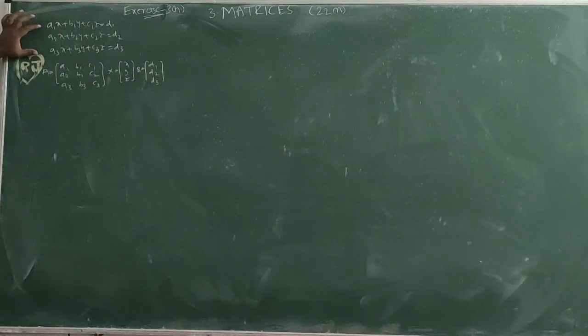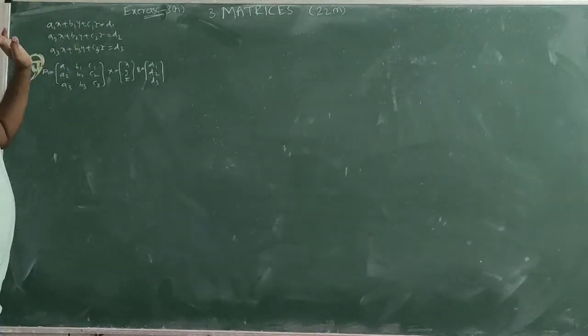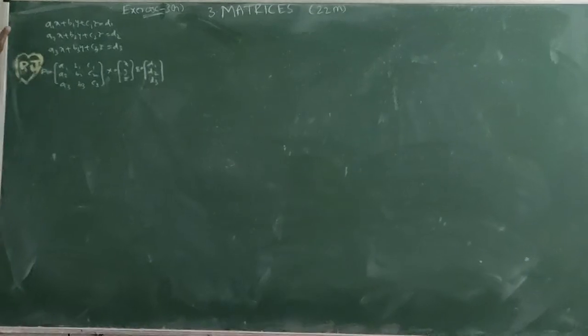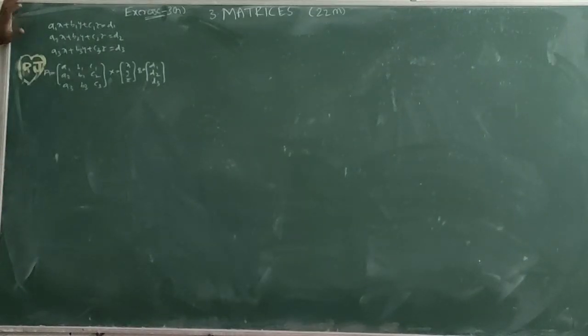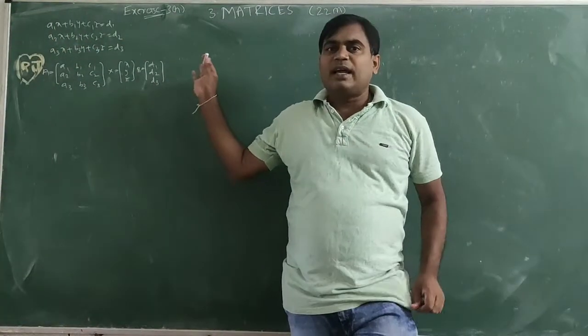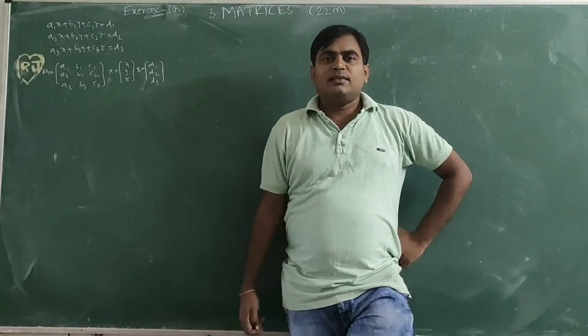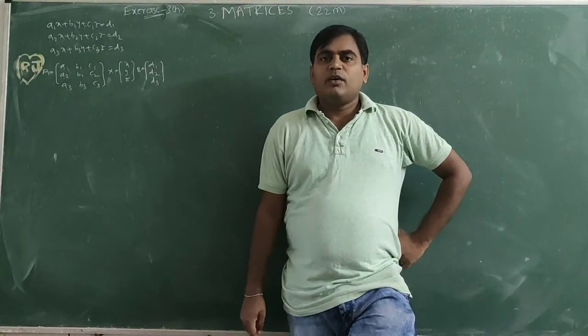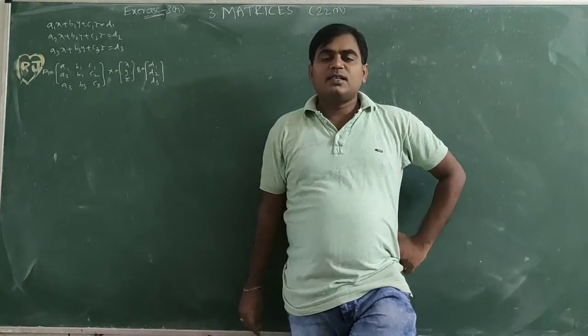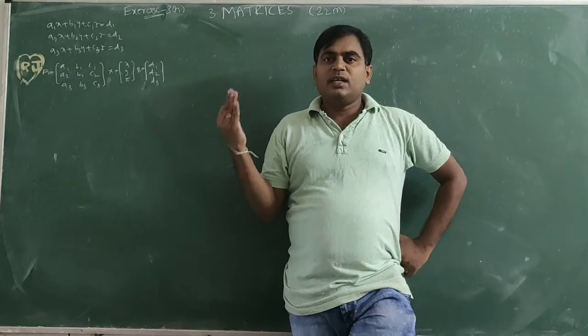So here there are three equations and three unknowns. These three equations all together are called a system of linear equations. Now, to solve this system, in this exercise we use three methods: Cramer's method, inverse method, and Gauss-Jordan method.